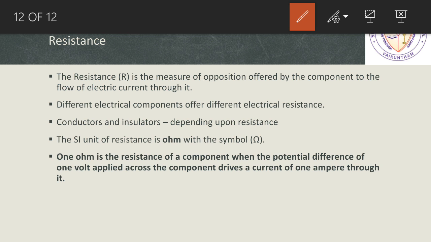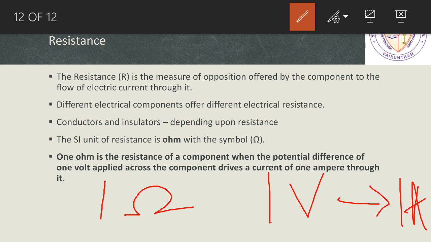So how we define 1 ohm is: when 1 volt of potential difference is applied across the terminals of a conductor, if it produces 1 ampere of current, then we say that component has 1 ohm of resistance.